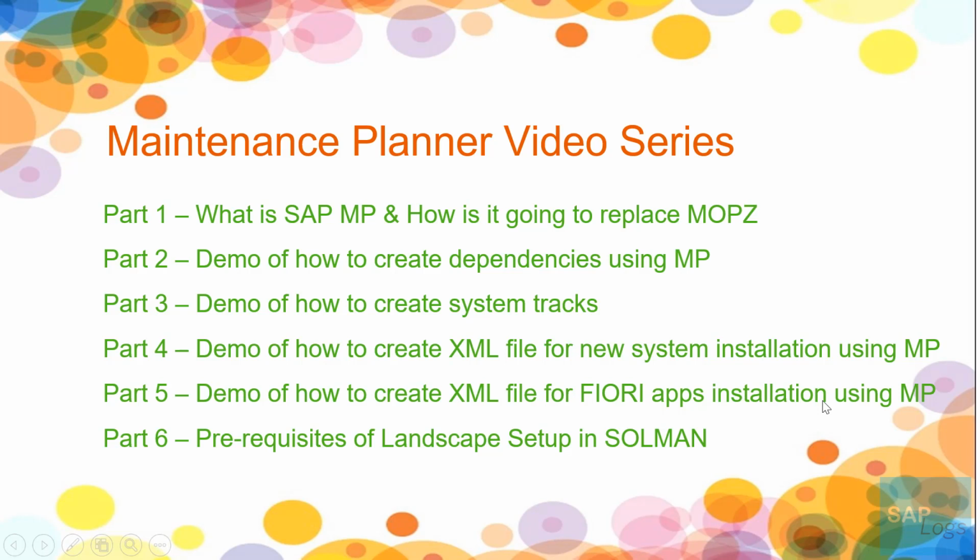Alright, so as I mentioned at the start of this video, I already created 3 parts of the Maintenance Planner video series, and in this particular video we went through a demo of how to create XML for new system installation and a demo of how to create an XML file for Fiori apps installation using Maintenance Planner. We also discussed at a high level the prerequisites required for setting up the landscape properly in Solution Manager.